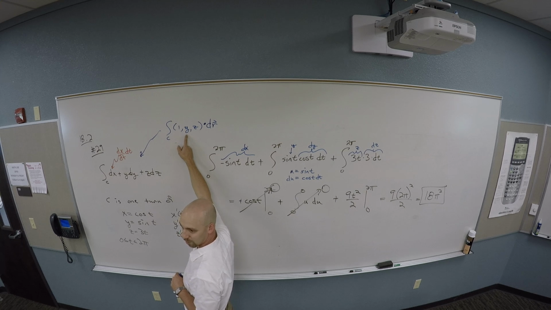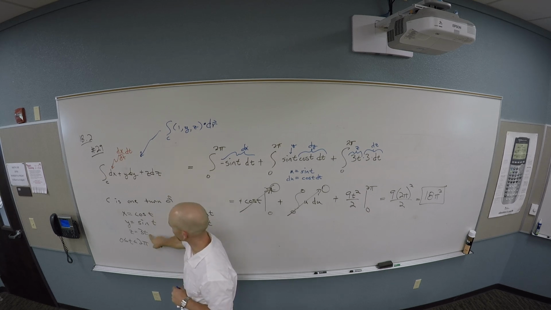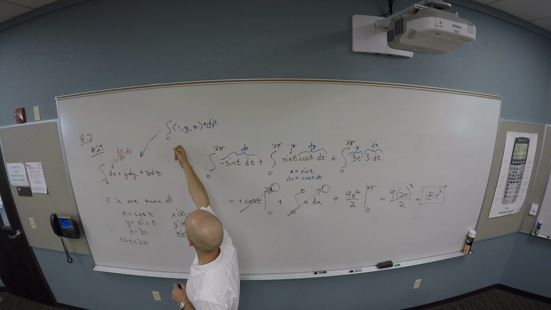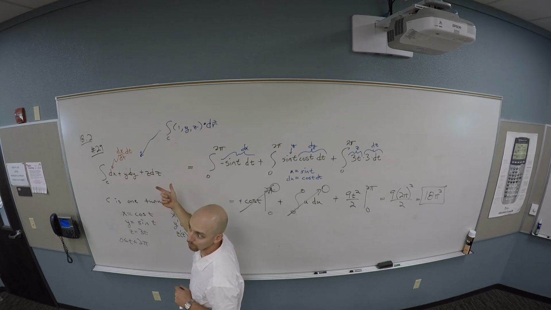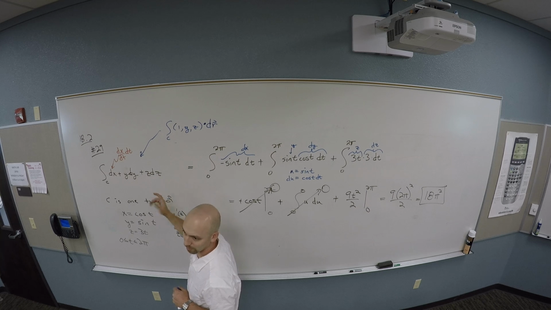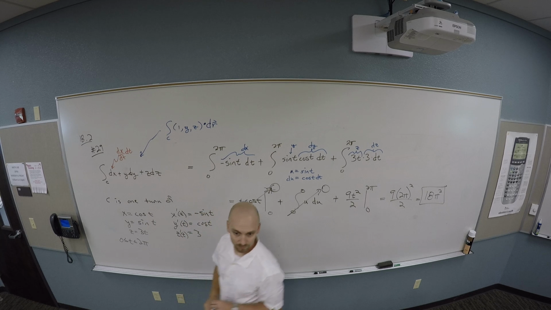The y component varies depending on where you are, going back and forth, and the z component is always up, because I'm always going up here. So I'm definitely getting some help from the z. You guys see that?